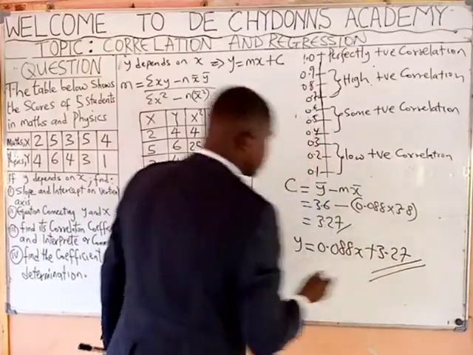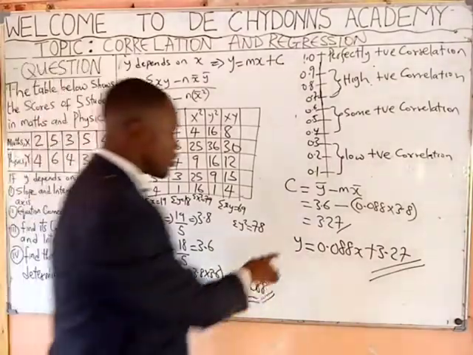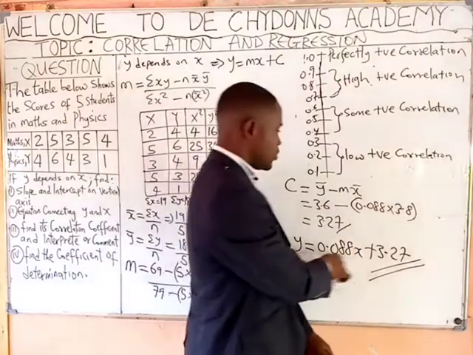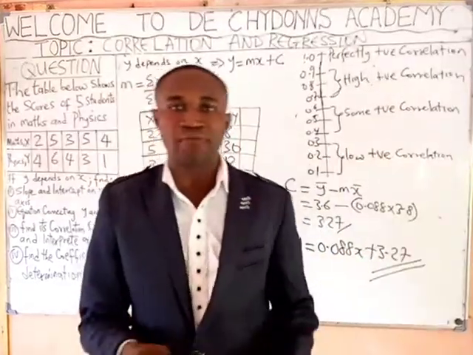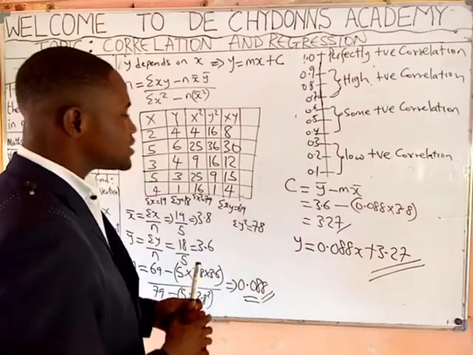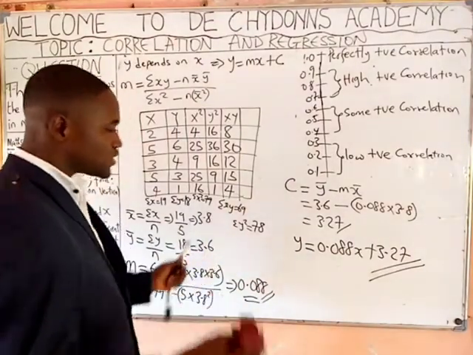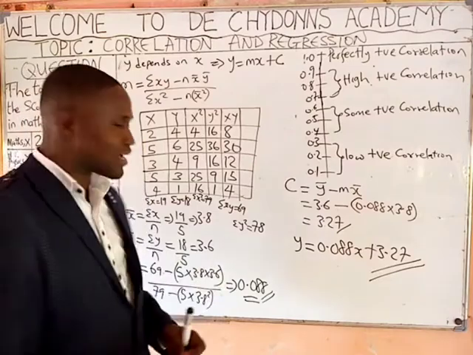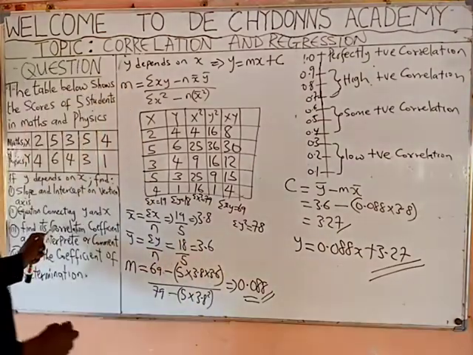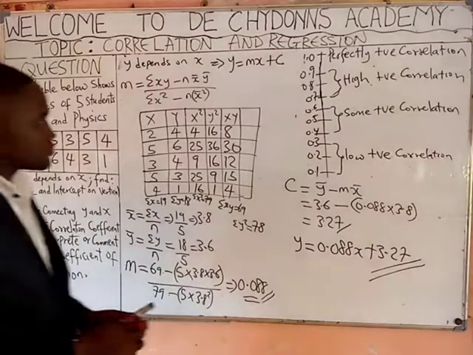This is the equation connecting y and x, where this is the slope and this is the intercept on the vertical axis. Now we've been able to get the slope, the intercept on the vertical axis, and the equation of the graph. Now, what we want to get now is the correlation coefficient.